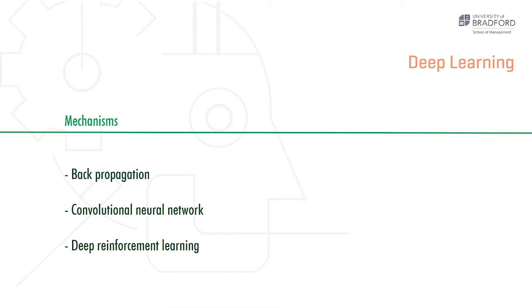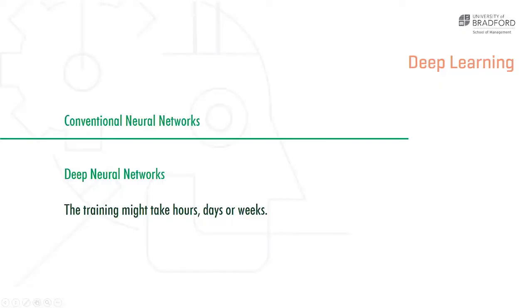Backpropagation is a very simple classical method, but deep neural networks use different and more recent methods such as convolutional networks or deep reinforcement learning. Another important distinction is that training deep neural networks might take a long time. It might sometimes take hours, days, and sometimes even weeks.